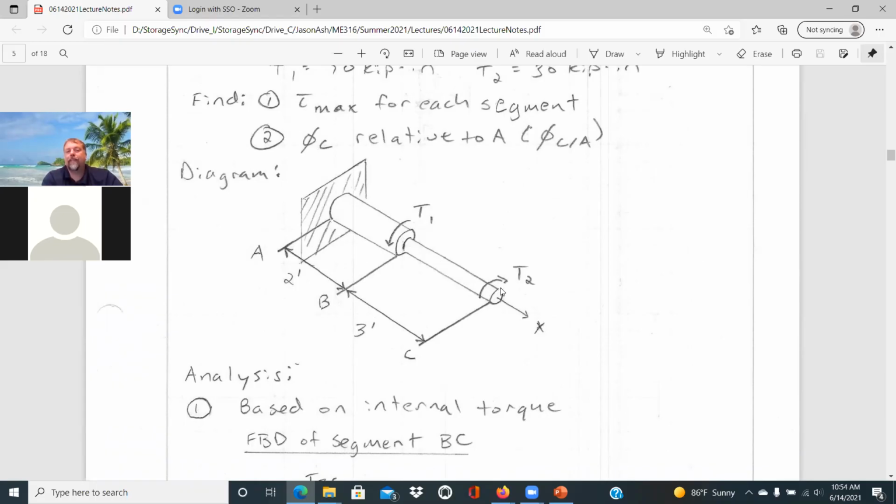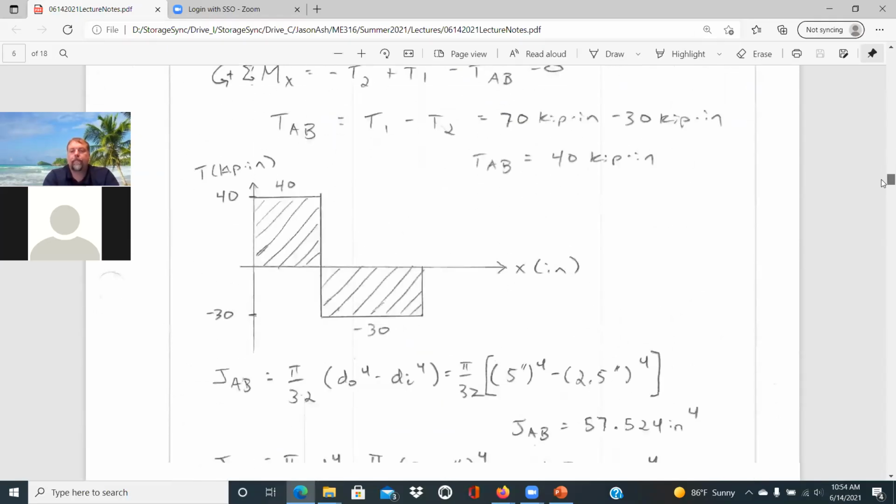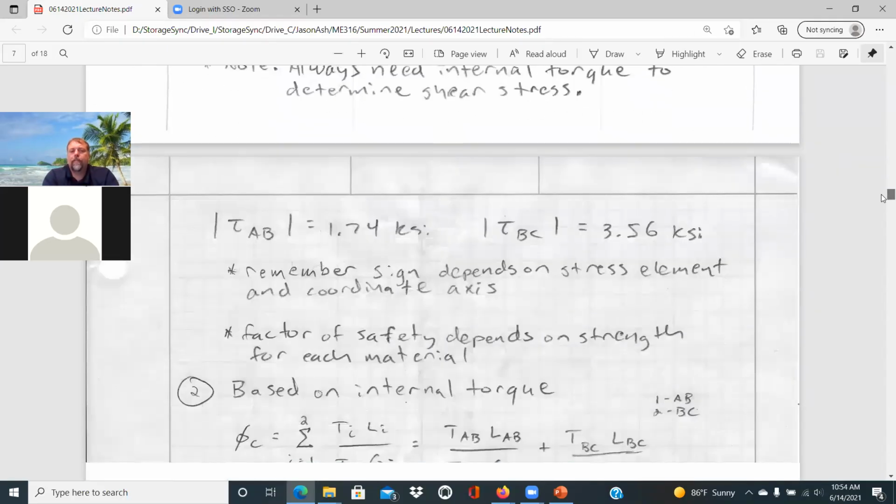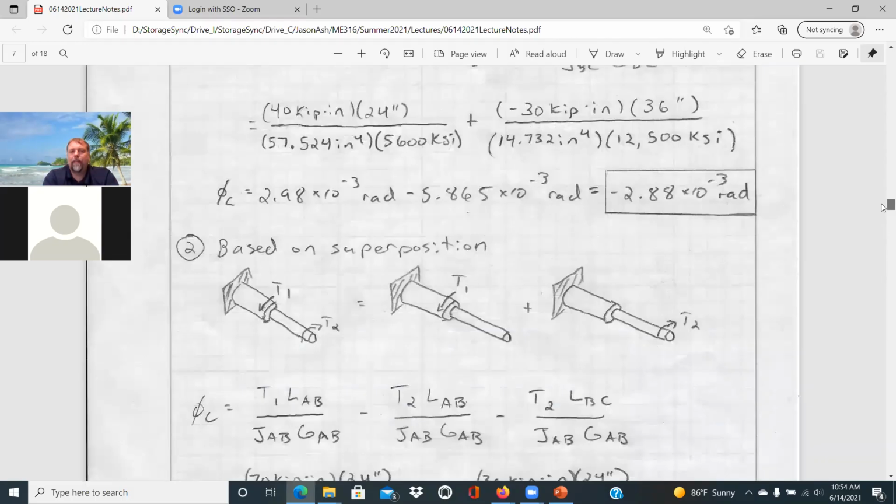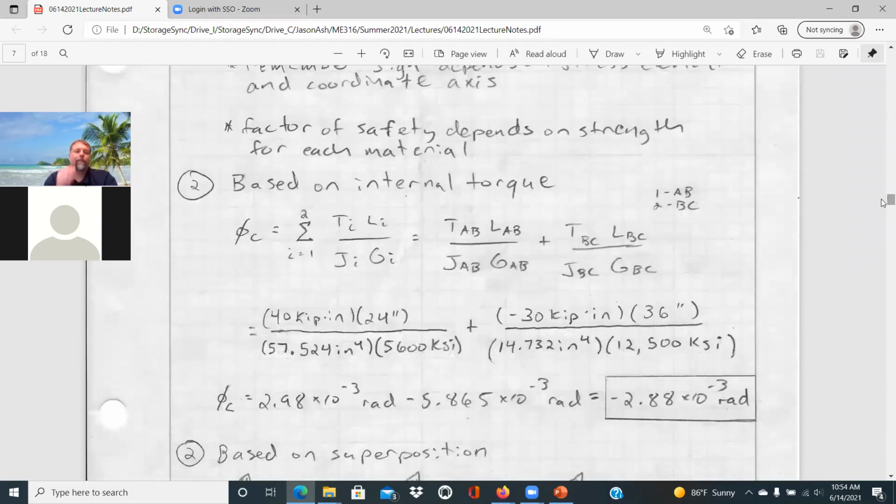But the net effect is it's still rotating more in the clockwise direction as opposed to counterclockwise. So it's going to rotate in the same direction as T2 shown there. So that was one method based off the internal torques.